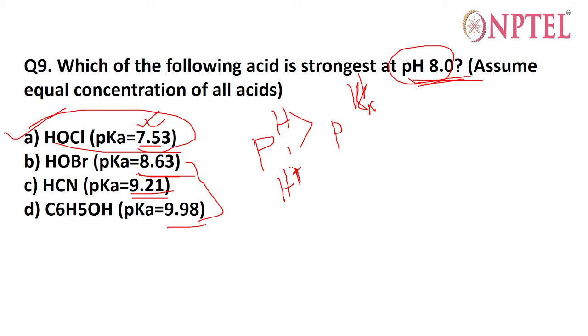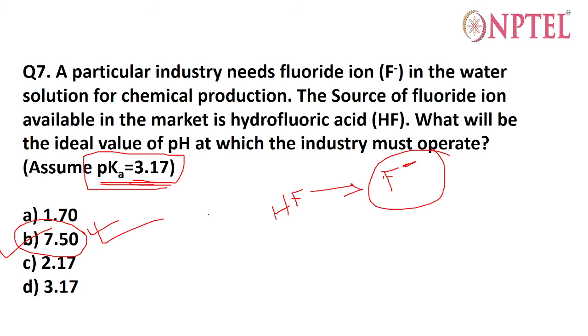So it's not about how much, but that it will not dissociate. That is the problem. The similar thing was here: pH was greater than pKa1, that's why we are getting F minus. Similarly, it will give you H plus ion also.